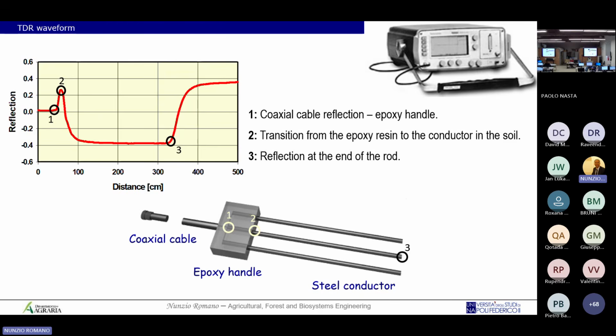Then this transversal wave gets to, in this slide, the trifilar probe, and then there is the epoxy handle that maintains the three rods, and you see the point 1 when the wave enters into the probe, and then when exiting the epoxy handle, there is a disturbance. Of course, there is a disturbance. This is why the reflection of the wave changes from point 1.